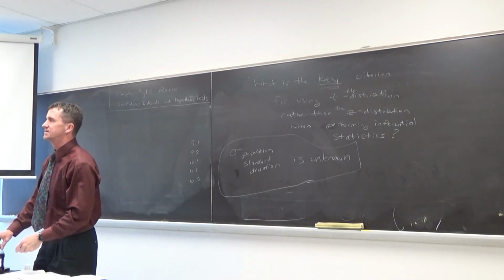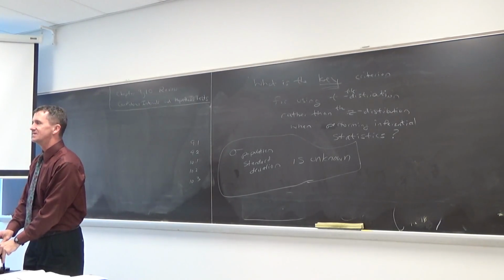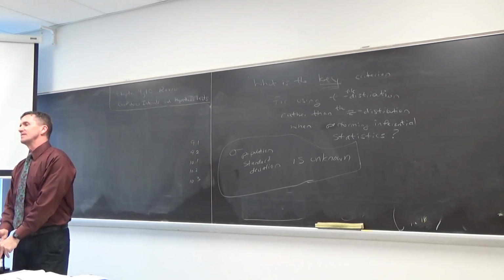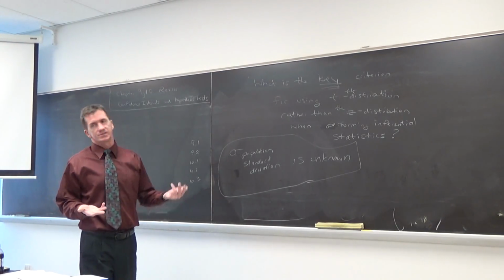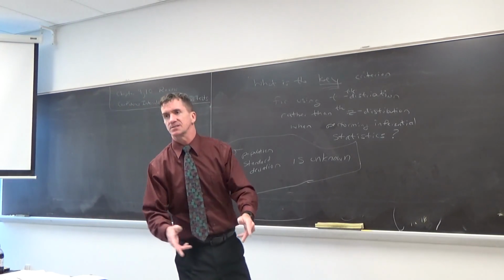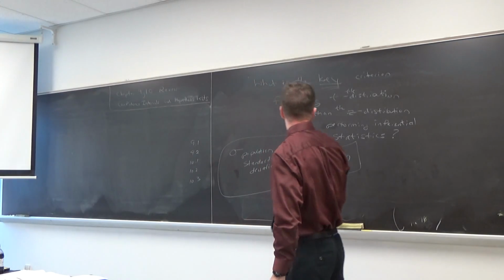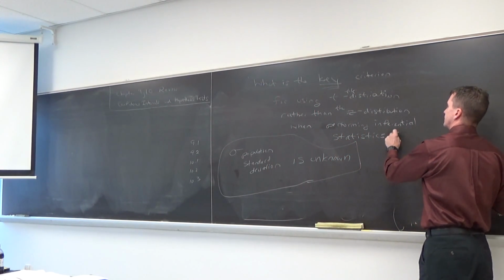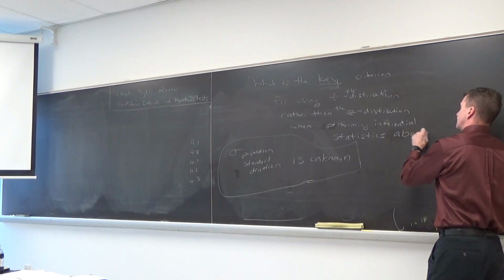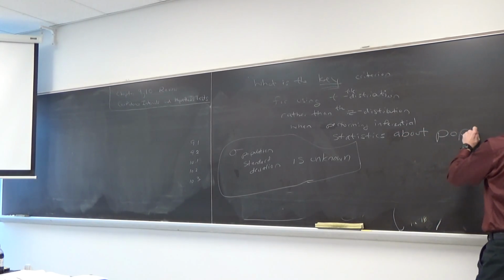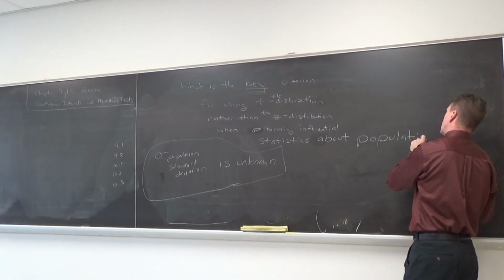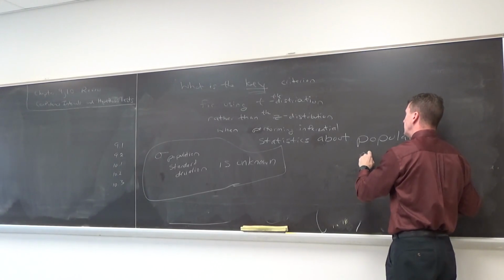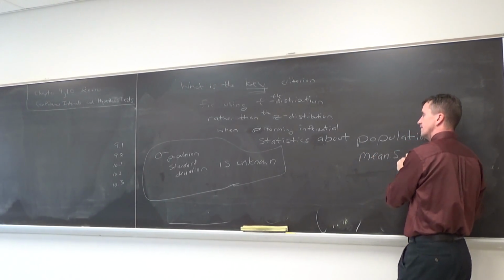going back to that fellow named Gossett, who worked for the Guinness Brewery, right? That was the key criterion. It made us go, all right, we're going to use T rather than Z when we're doing inferential statistics about population means, okay?